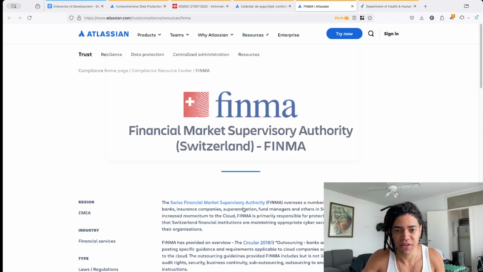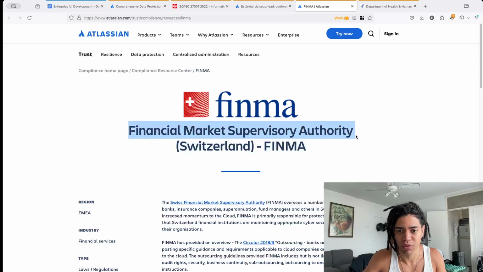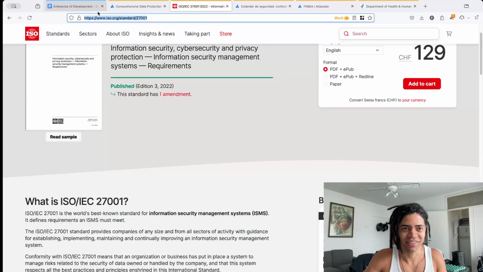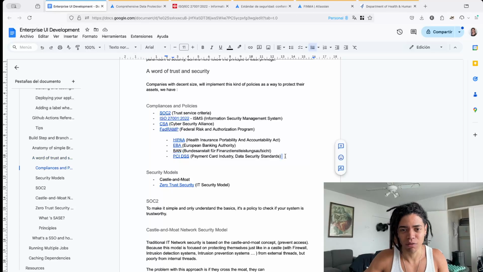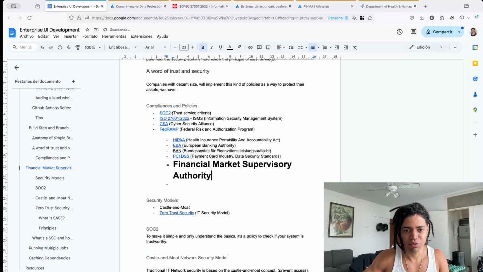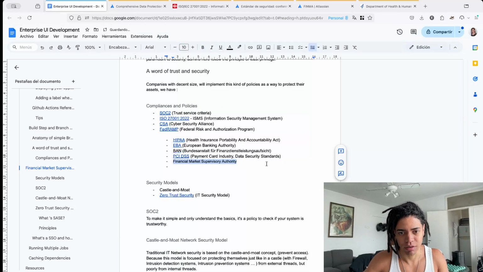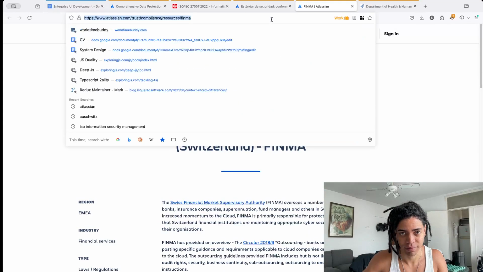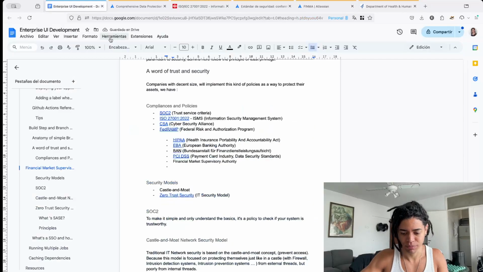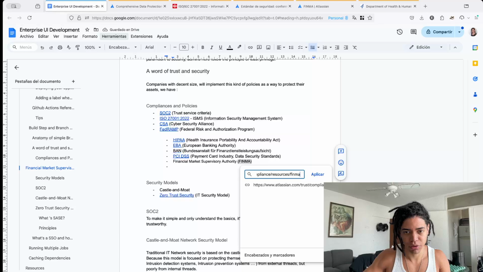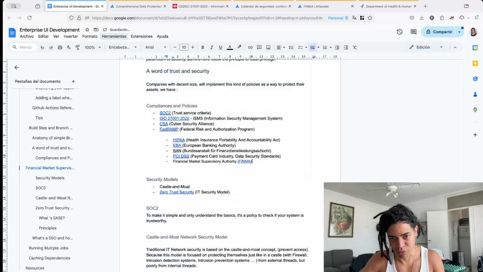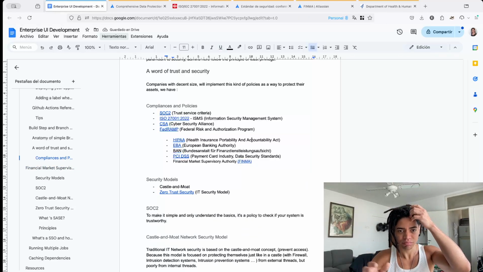Then you also have FINMA, the Financial Market Supervisory Authority in Switzerland. You have all of these authorities where they're going to do things based on this. They're going to do things that are good for you, right? This is a protection layer here.